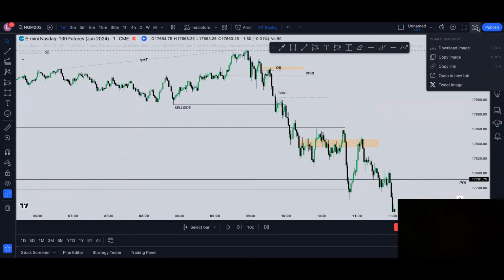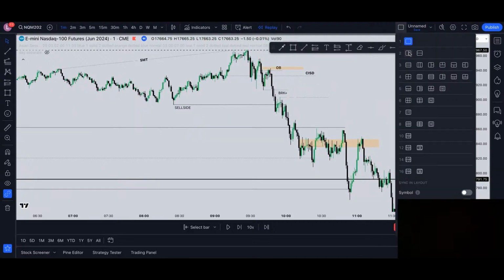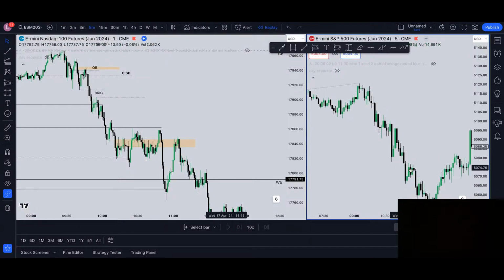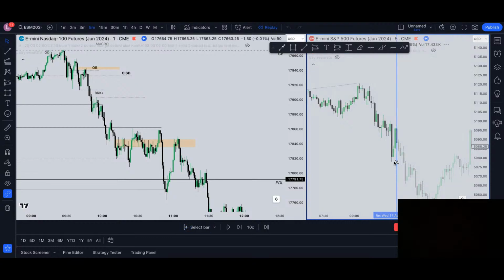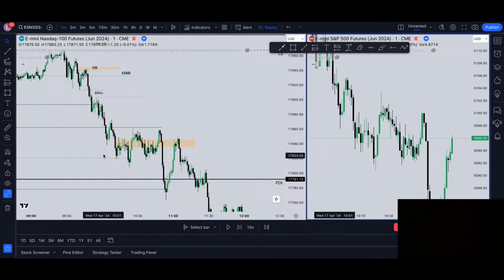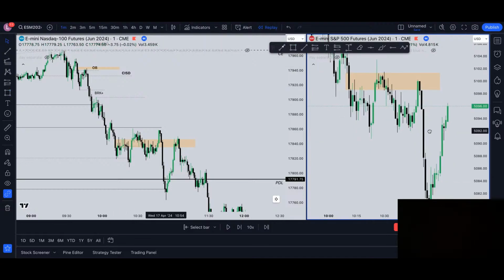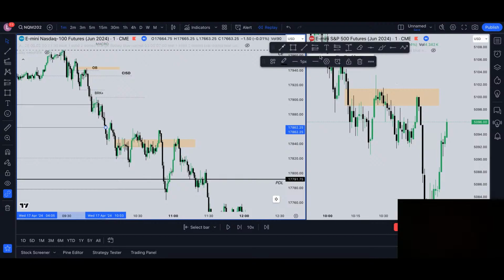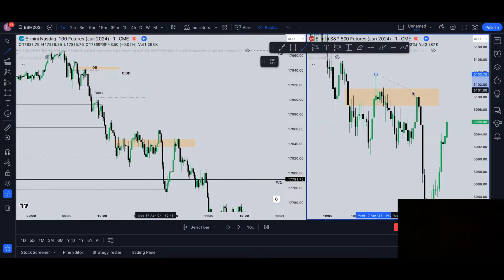And also, let me show you one more thing. On the ES, there was a similar fair value gap. You can see that price never closed above, and this thing just acted as an SMT.